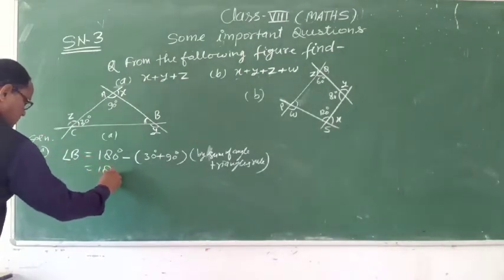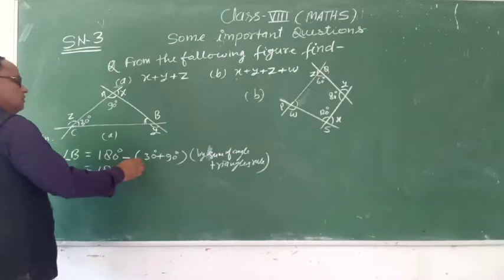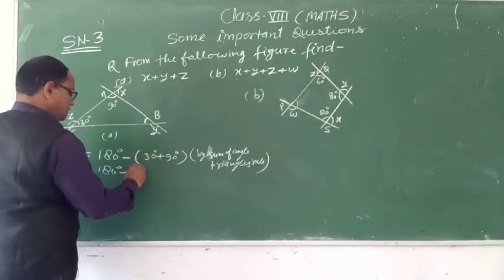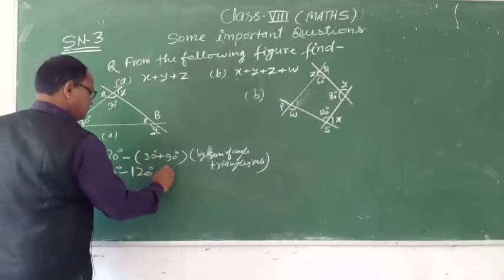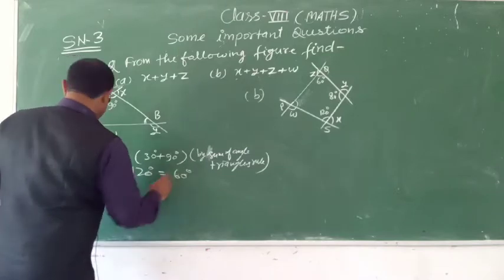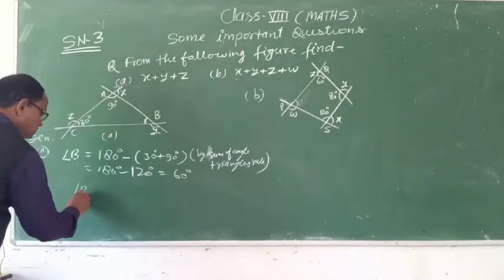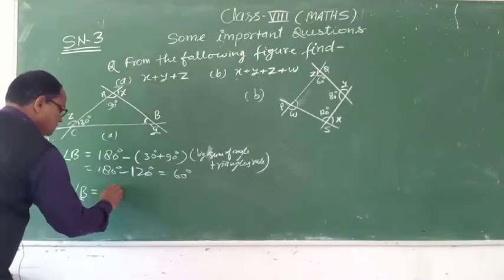Thus 180 degrees minus 120 degrees, we get 60 degrees. Therefore angle B is equal to 60 degrees.